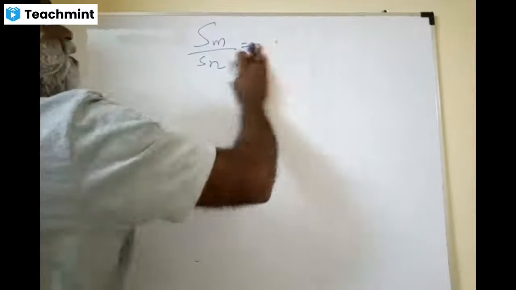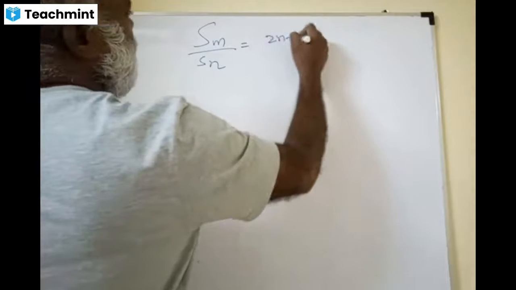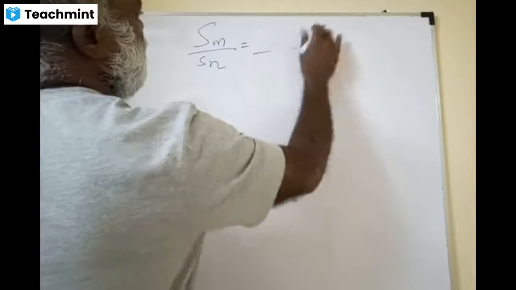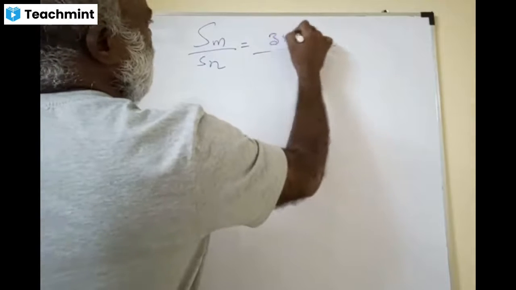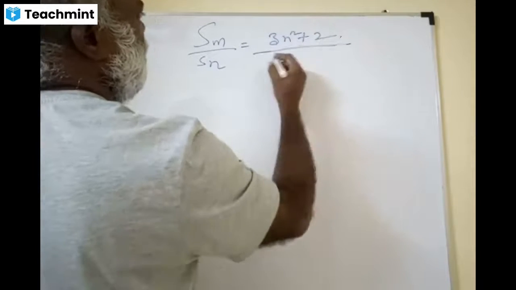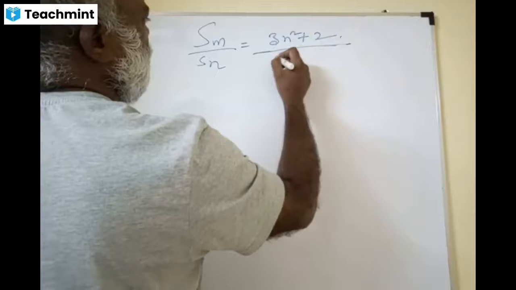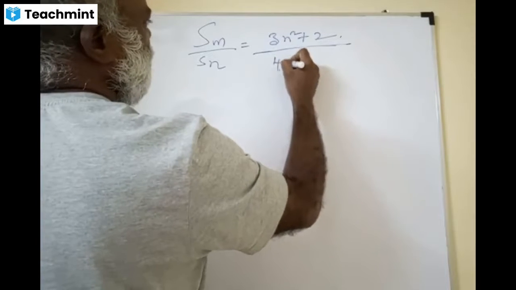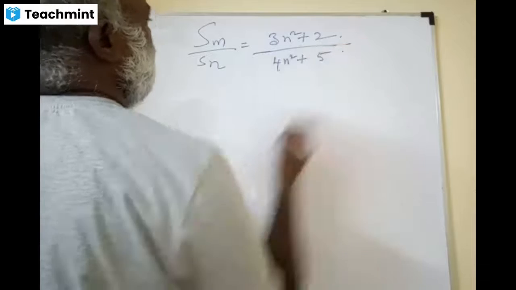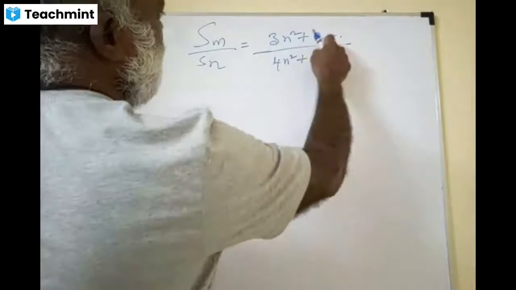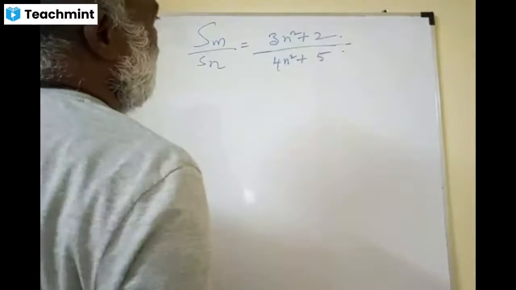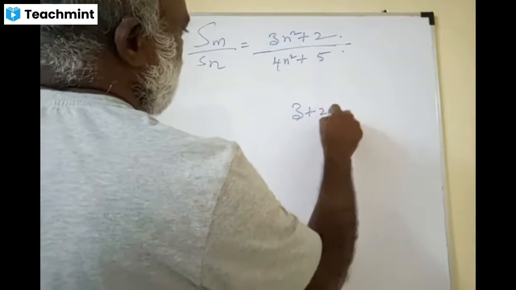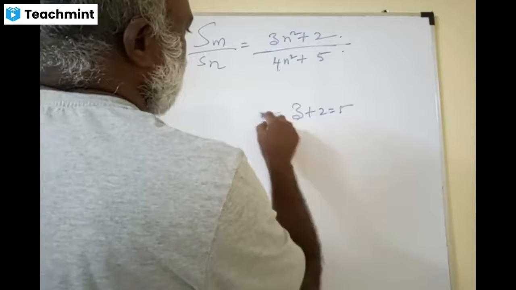Some ratio is given, 2n plus 1 whole square. I don't know whether this will work for AP or not. Whatever. 3n square, right? 3n square, not 3 plus 2, 5. This is called A.